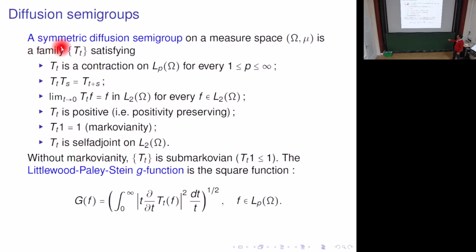This is why the semigroup is called a symmetric diffusion semigroup. So we have such a symmetry: T_t acts on L^2 as a self-adjoint operator, and also T_t preserves the constant functions. All these conditions are very essential in Stein's theory.